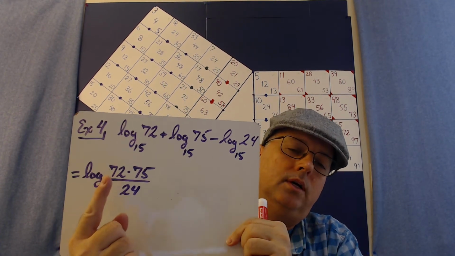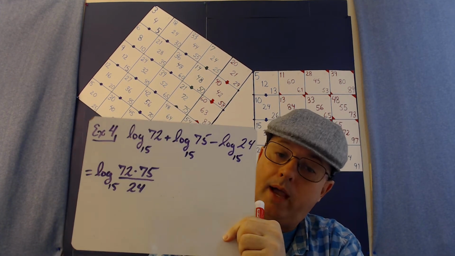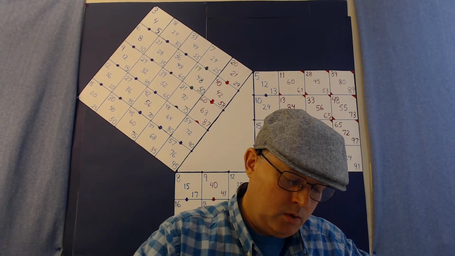Okay, now, I don't really want to multiply 72 times 75. What I want to do is factor and simplify this fraction. So let's see. We have log base 15. And let's write 72 as 12 times 6. And let's write 24 as 12 times 2. And then the 75 is here.